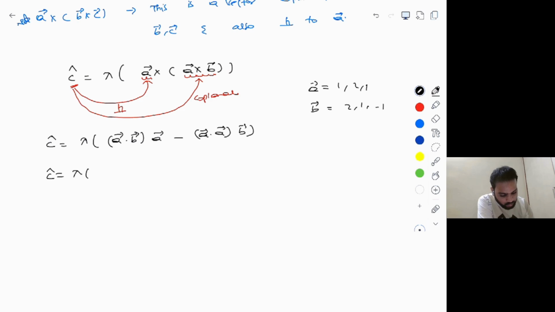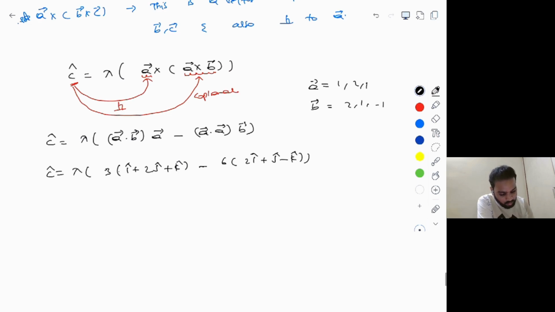C cap is equal to lambda times A dot B, which is nothing but 2 plus 2 is 4, 4 minus 1 is 3. 3 times A bar, where A bar is i cap plus 2j cap plus k cap, minus A dot A, which means mod A whole square. Mod A whole square here is 1 plus 4 plus 1, which is 6, times B bar, where B bar is 2i cap plus j cap minus k cap. And you can do the remaining simplification.